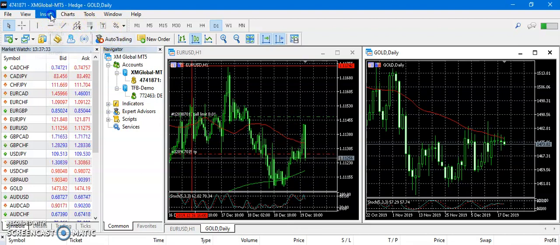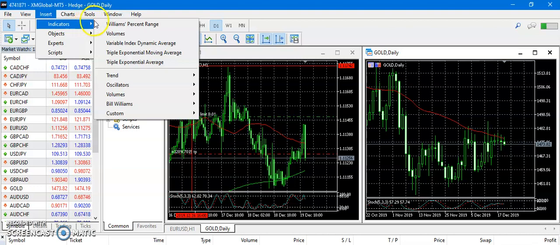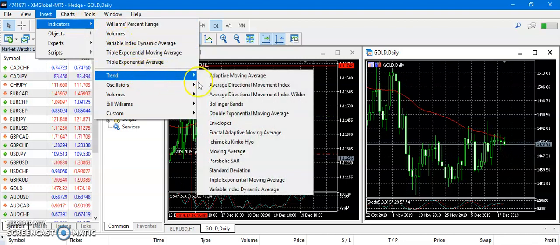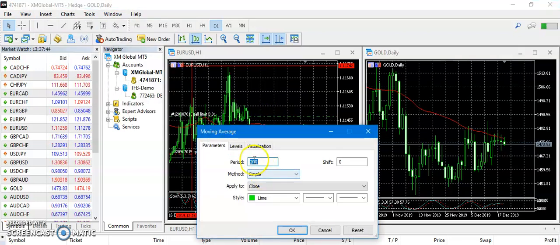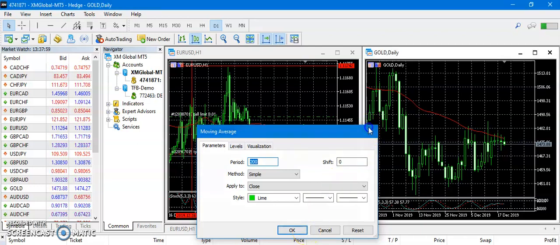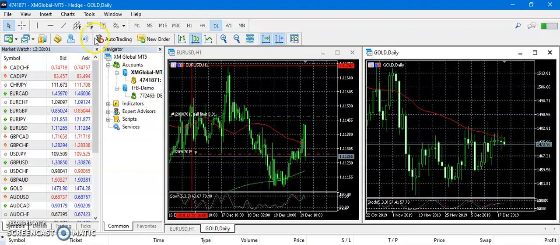I go to insert indicators and I come down to moving average, and I click on it. I set my parameters depending on what you have chosen, and like what you know works for you, or the actual setup that you have. You change it, you set it up and then press OK, and the indicator is snapped to the screen. Then it can begin to work for you.